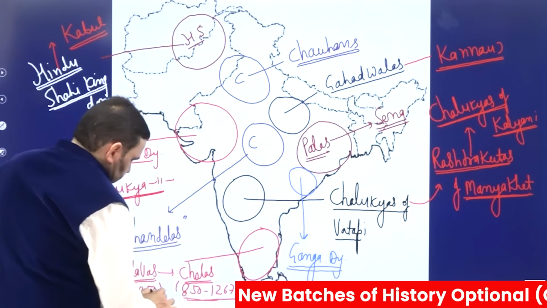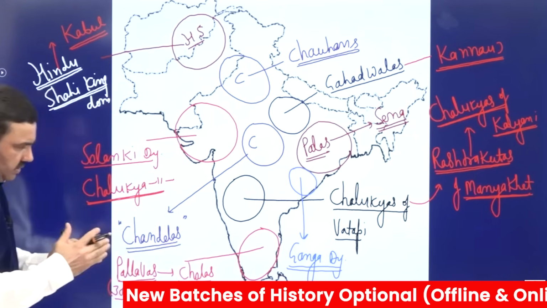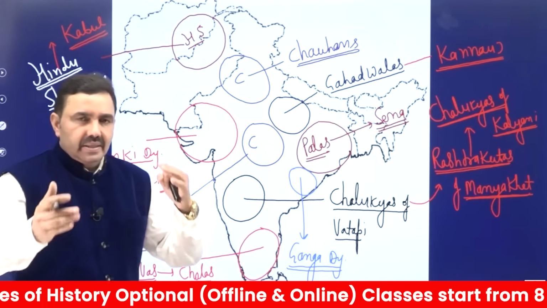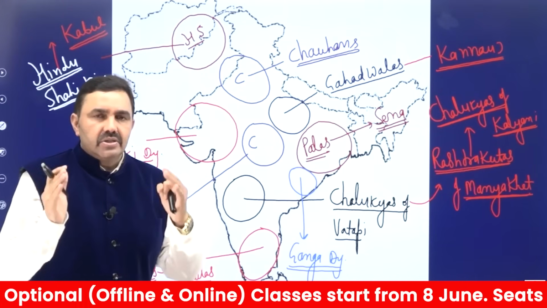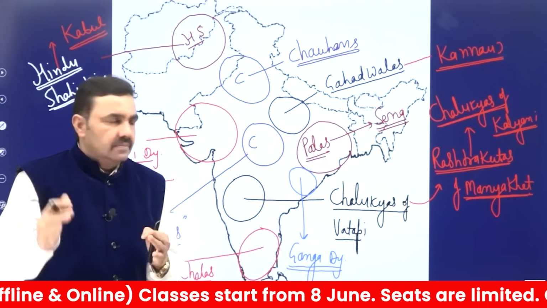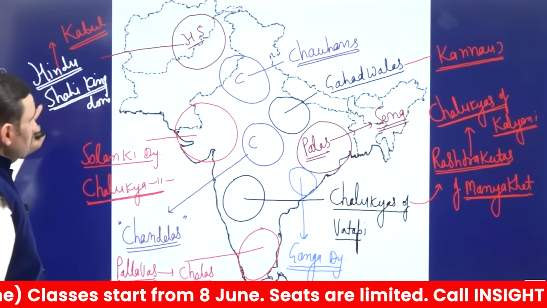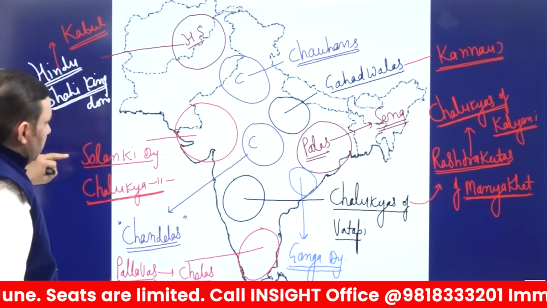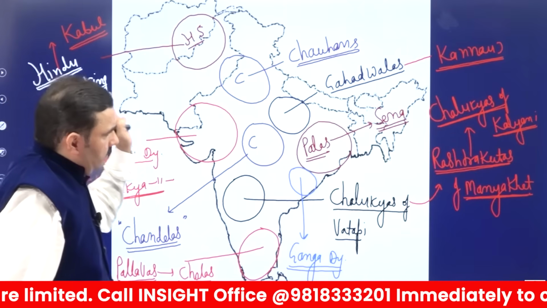Don't worry about dates, you have to just see the chronology, who came first and who came later, so that you develop a sense of history. History means chronological study. So this was the scenario in India during early medieval age.